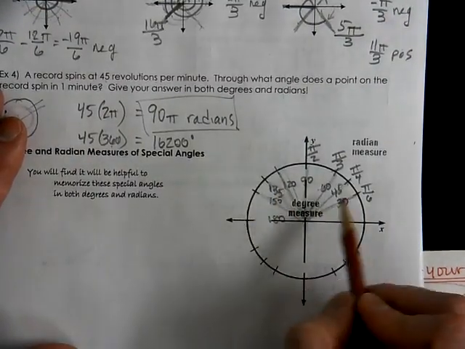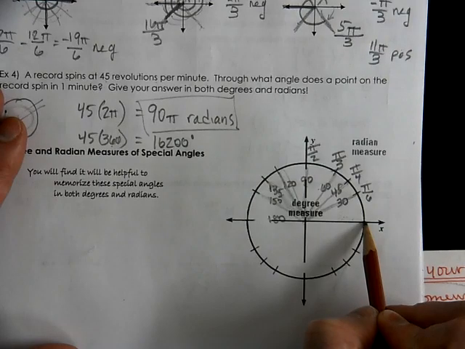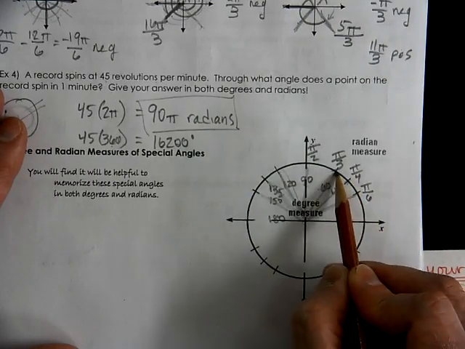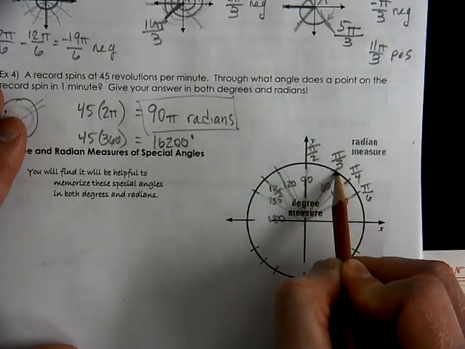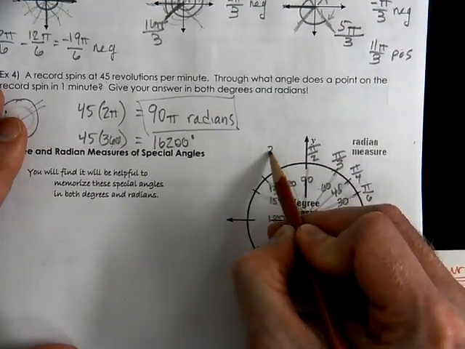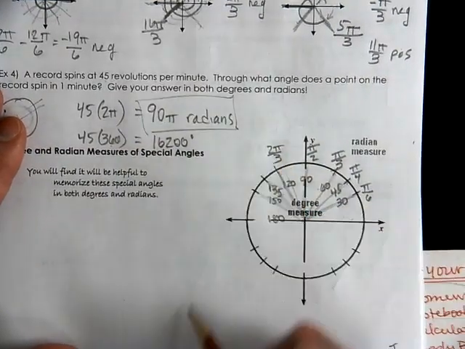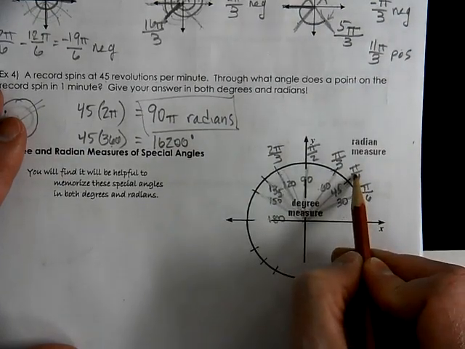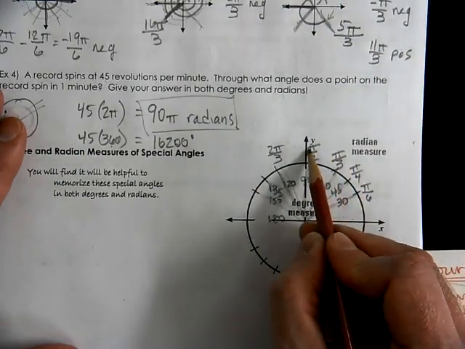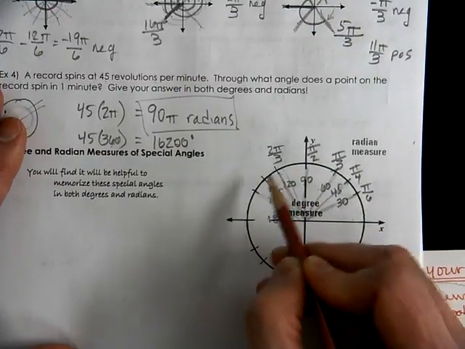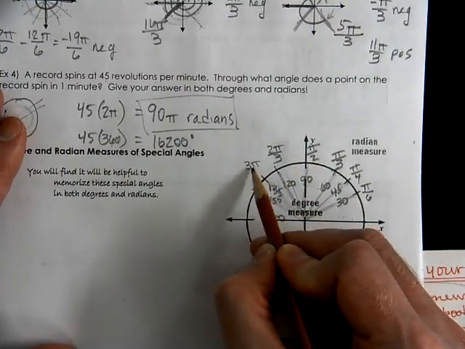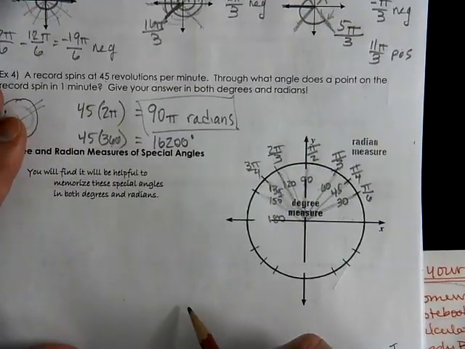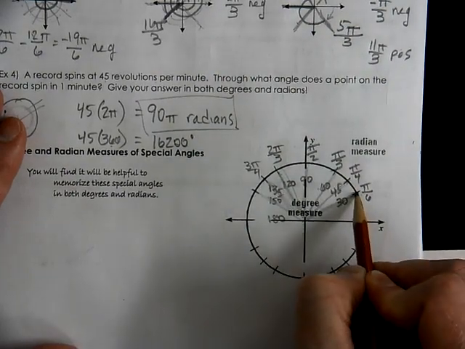Now this side gets weird. So this would be pi over 3. Another 60 would be 2 pi over 3. This is pi over 4. 2 pi over 4 can be reduced. 3 pi over 4. This is 1/6.